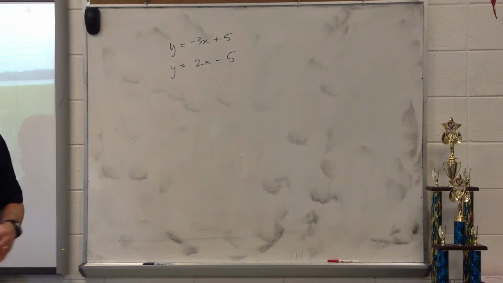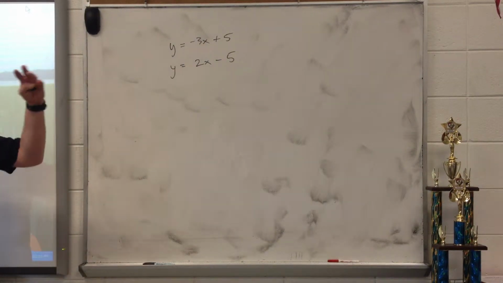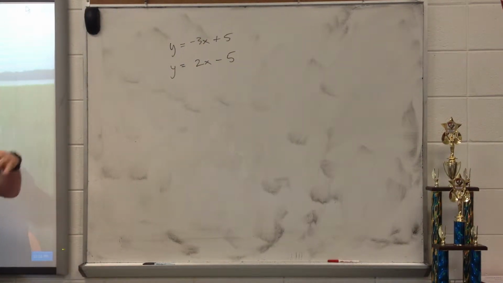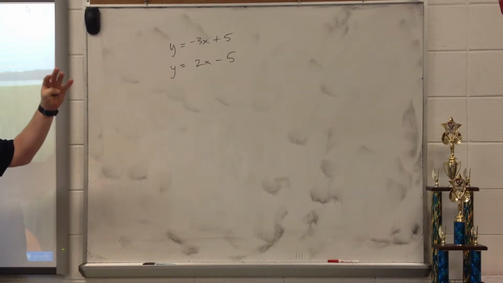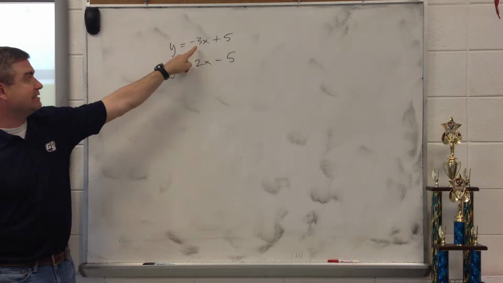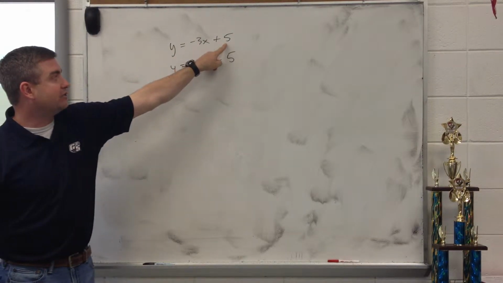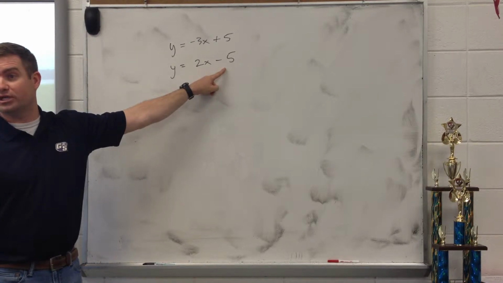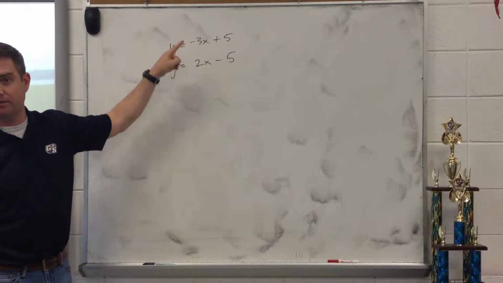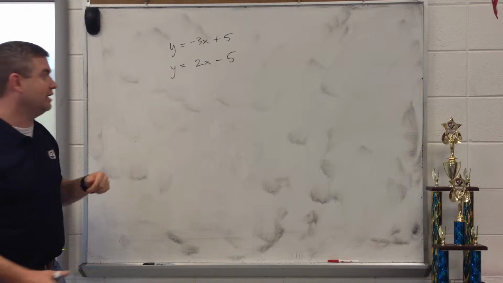First thing you notice right off the bat is that it's y equals. It's a lot easier to graph if we're solving these by graphing if they're already set equal to y equals, right? We automatically can see the slope and we know the y-intercept. We know that it's not no solution because the slopes are different. Okay, so we know the lines aren't parallel.